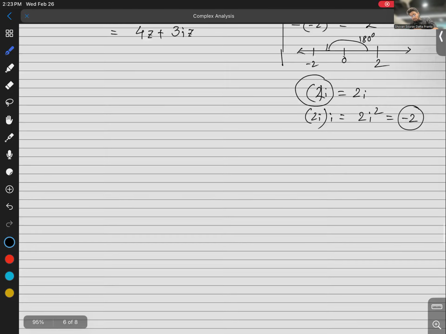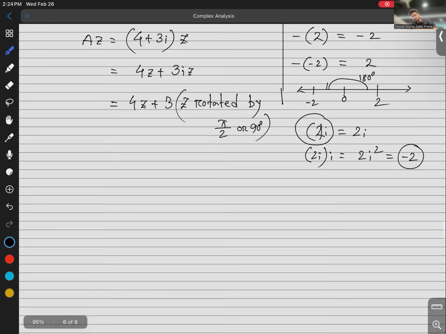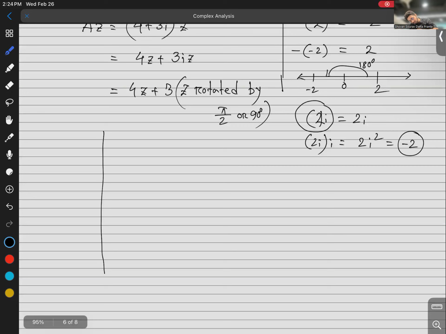Okay. So from here, we can say that this is 4z plus 3 times z rotated by pi by 2, or 90 degrees. So let's draw a picture of this. Let's say this is our z point.